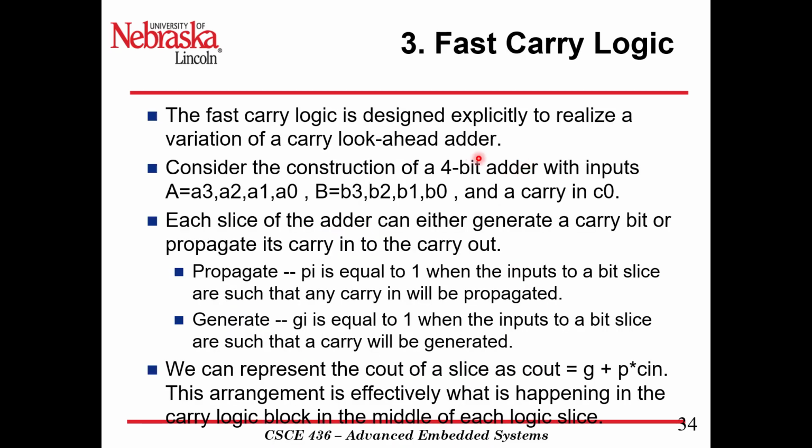Consider how you set up a 4-bit adder. You have a 4-bit adder with inputs A3 down to A0 and B3 down to B0, and a carry in. So you have 4 inputs for each of A and B and then a carry out. Each slice of the adder can generate a carry bit or a propagate bit.